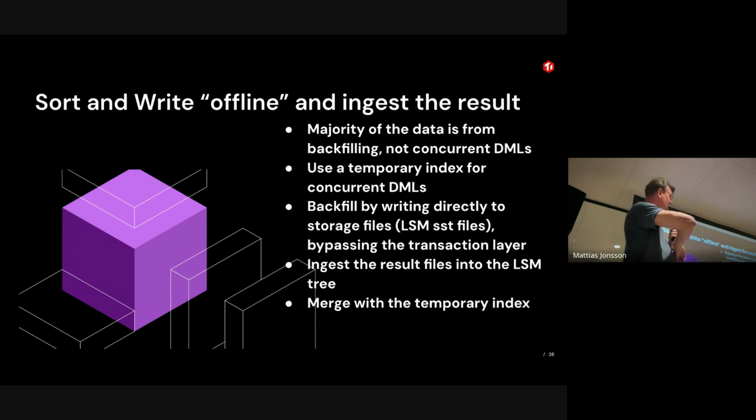So you can do very efficient reads, do sorting, and then write it directly to your own LSM tree, directly to SSD files, which means that you can just present these SSD files to the RocksDB instance and ingest them directly, so you bypass all the transaction layers and everything like that, which makes it very efficient.